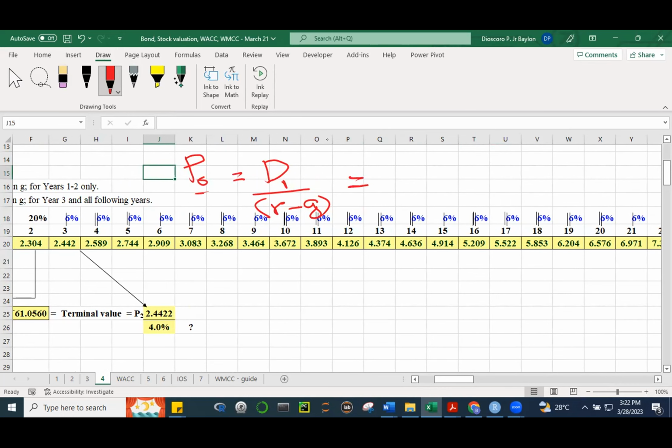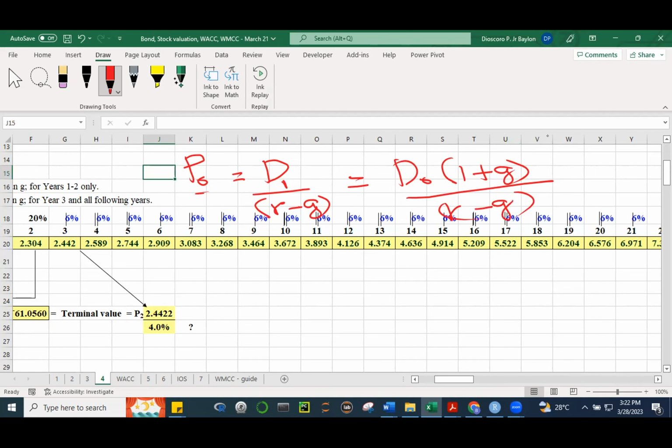So this is equal to whatever your dividend now, and then you let it grow by your growth rate, divided by R minus G. Dividend 1 is equal to D sub 0 times 1 plus G.